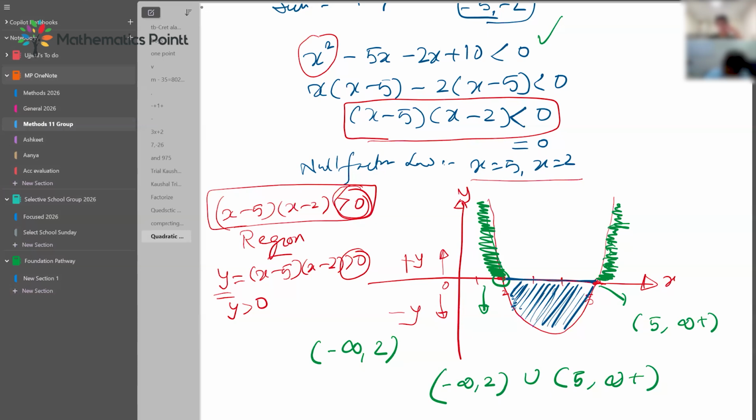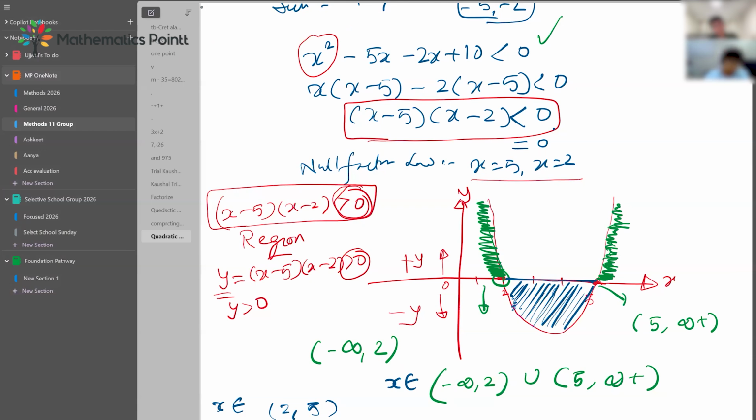So my solution would have been from 2 to 5. And I'll say x belongs to 2 to 5. Is this absolutely clear? When are we going under x? When are we going over x?